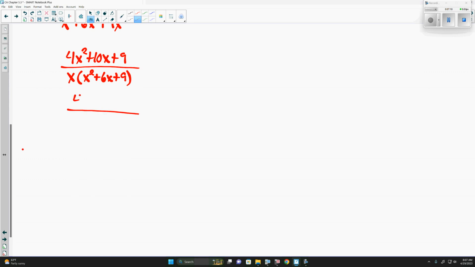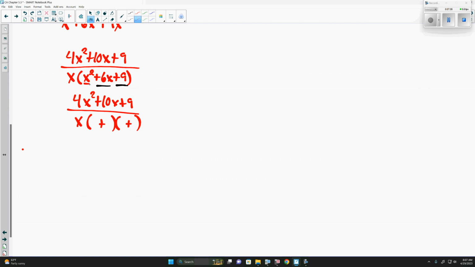Now again at this point, x squared plus 6x plus 9 is factorable. Since the third term here is positive, our signs are the same and match the sign of the middle term. So we'd have plus and plus.